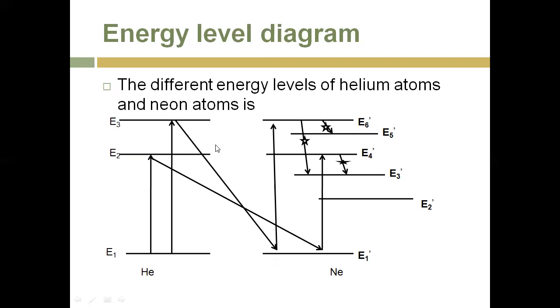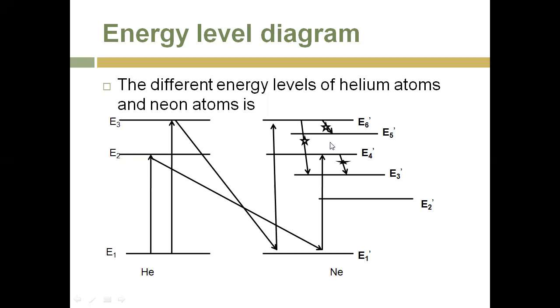Instead of emitting energy, they transfer their energy to the neon atoms. If a helium atom is de-excited from the E3 level, the neon atom will be excited to the E6 level. If a helium atom is de-excited from the E2 level, the neon atom will be excited to the E4 level, which is a metastable state again.